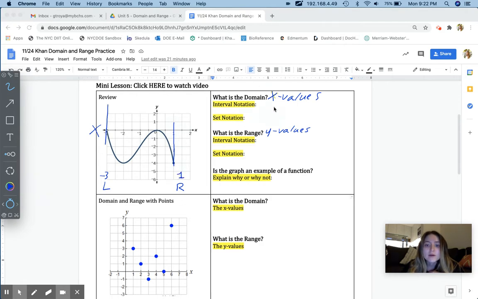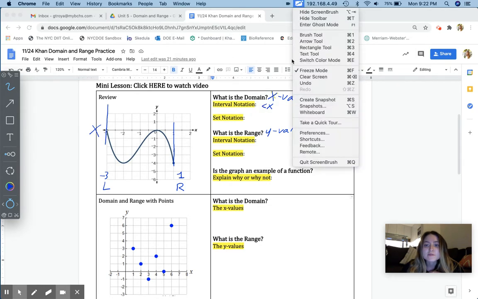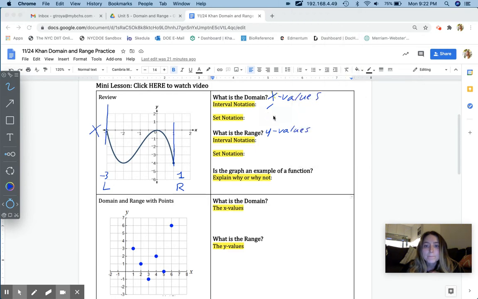So I know that I'm going to have x values between -3 and 1. And now I'm going to look to see if I'm including my -3 and my 1.